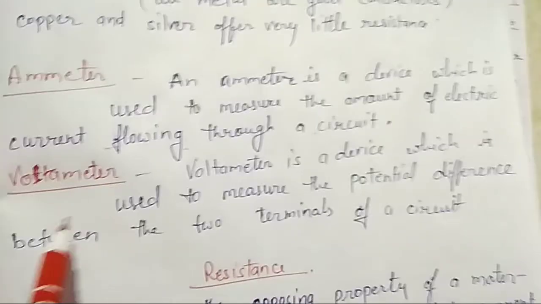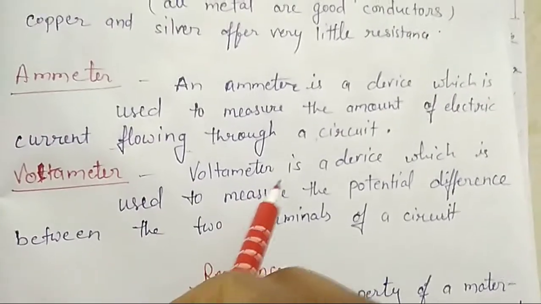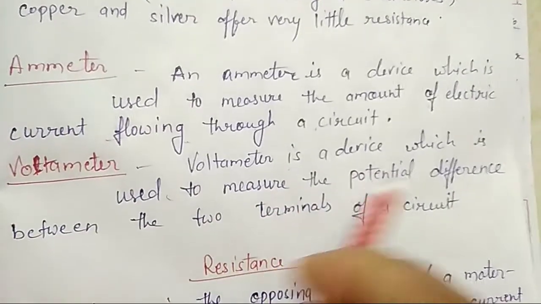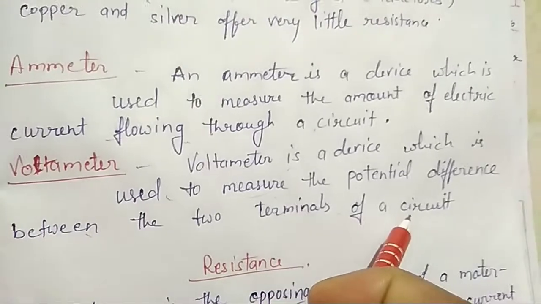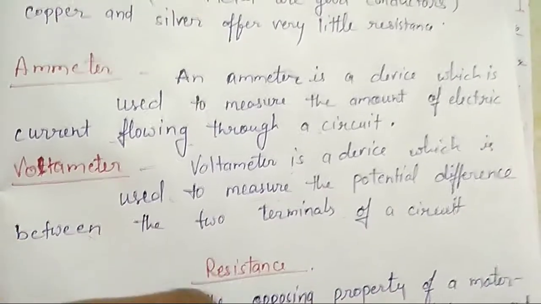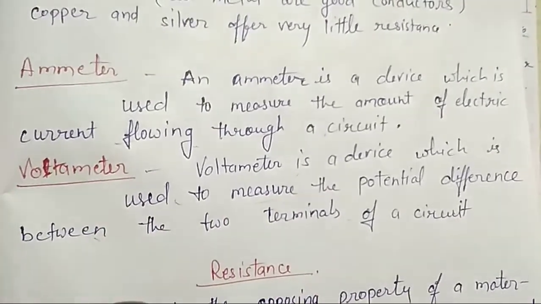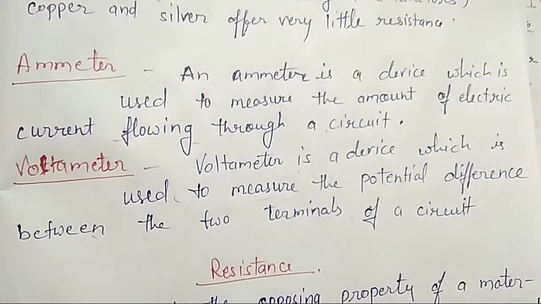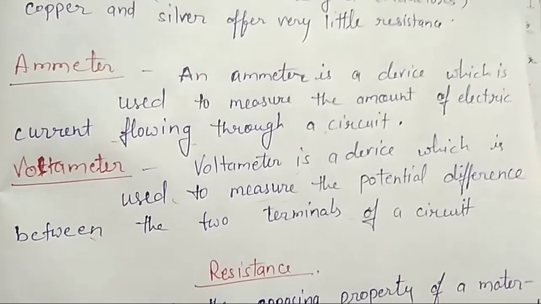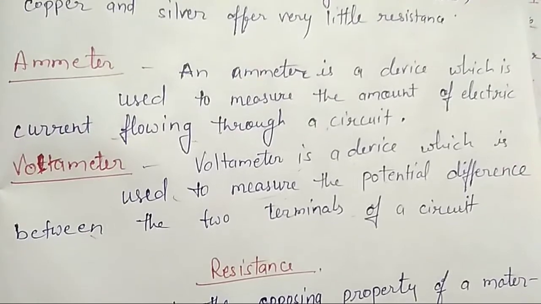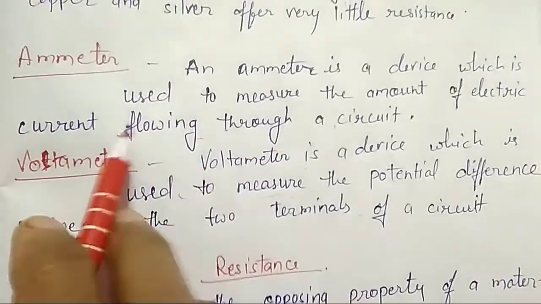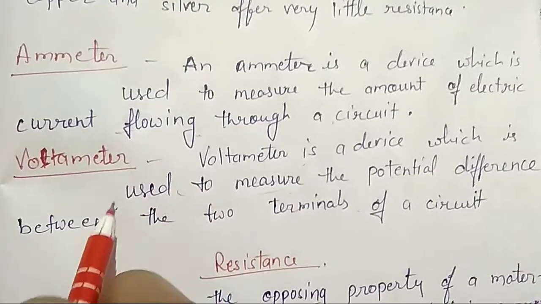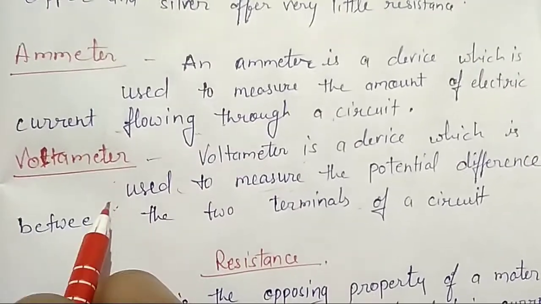Next is the voltmeter. A voltmeter is also a device which is used to measure the potential difference between the two terminals of a circuit. It measures how strong or weak the electric current is. So these are two devices that can be connected with the circuit.